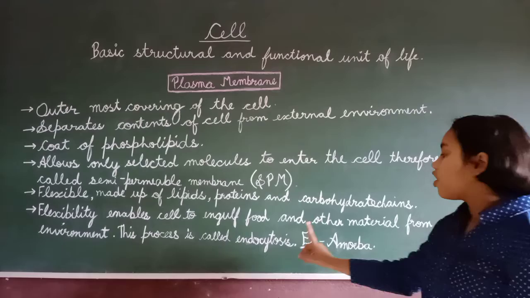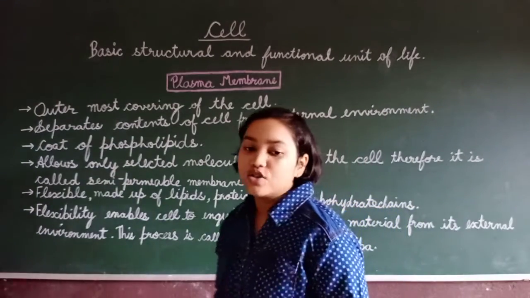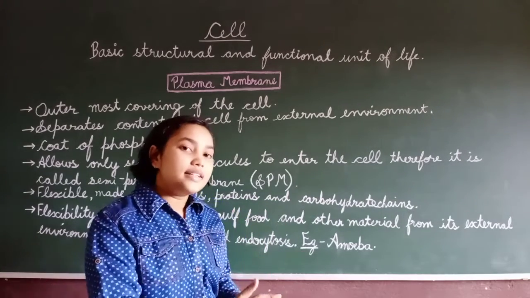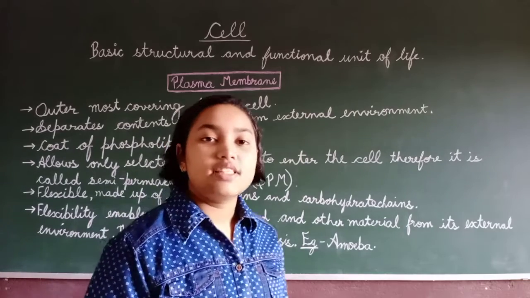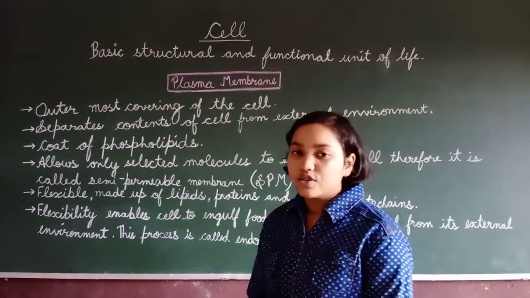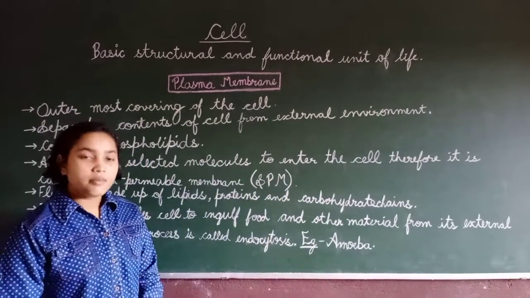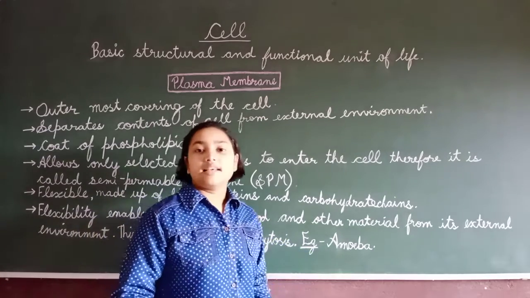This process is called endocytosis. Endo means inside and cytosis means going inside the cell. Anything that is required for the cell and is taken inside through the plasma membrane is called endocytosis. An example is the amoeba.